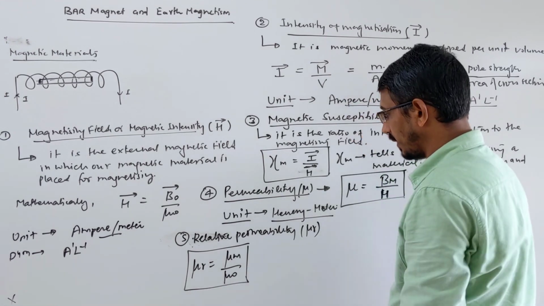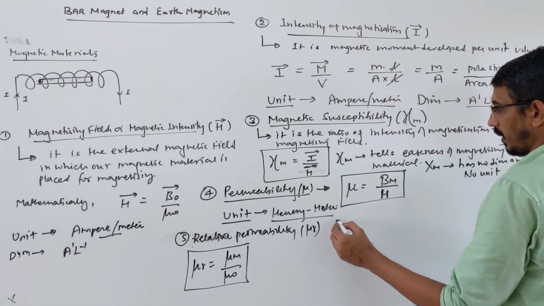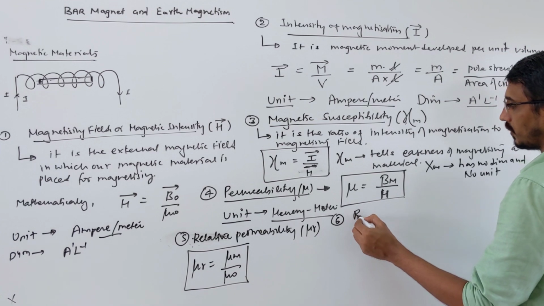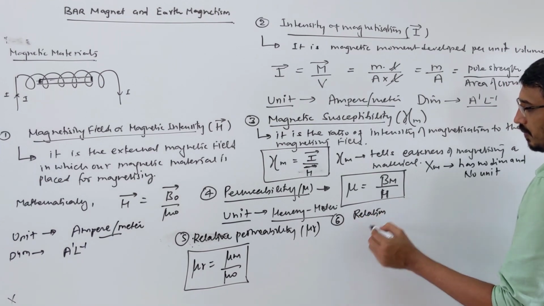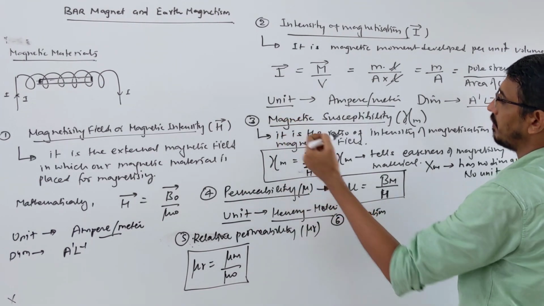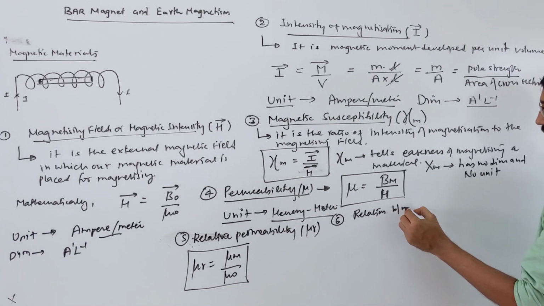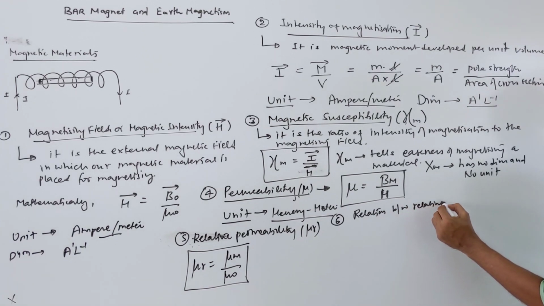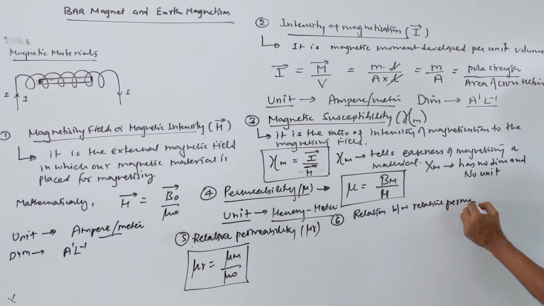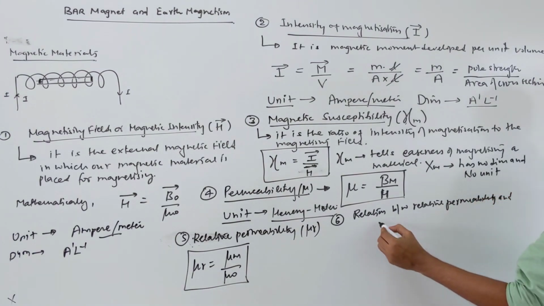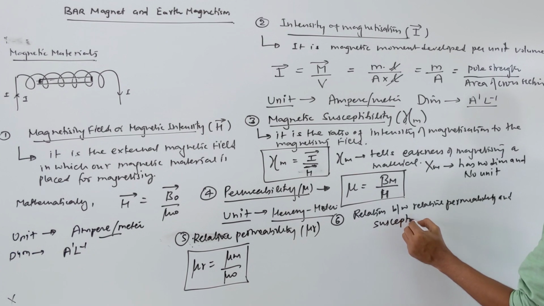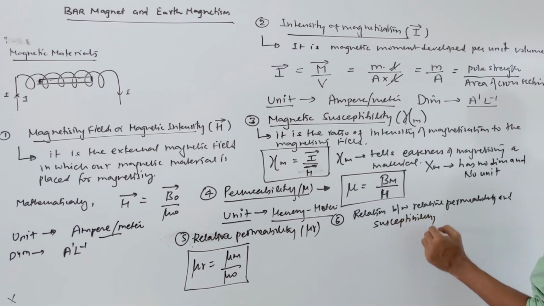Then last is the relation between relative permeability and susceptibility. It's a very simple relation.